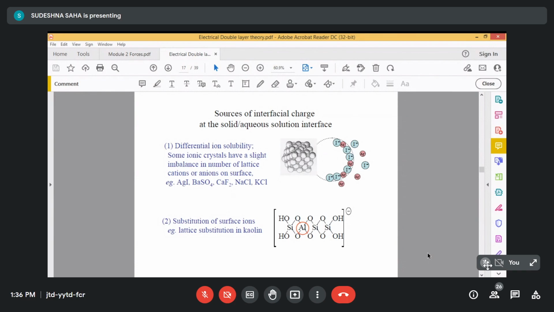The second one could be the substitution of surface ions. For example, in kaolin, everything is silica, and then suddenly there is an aluminum sitting in the matrix, and that is why you generate a negative surface charge on the surface.